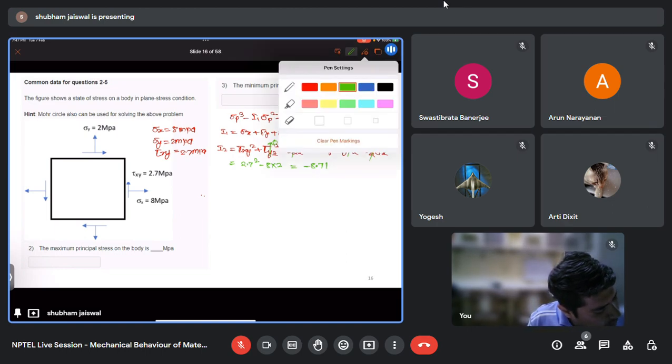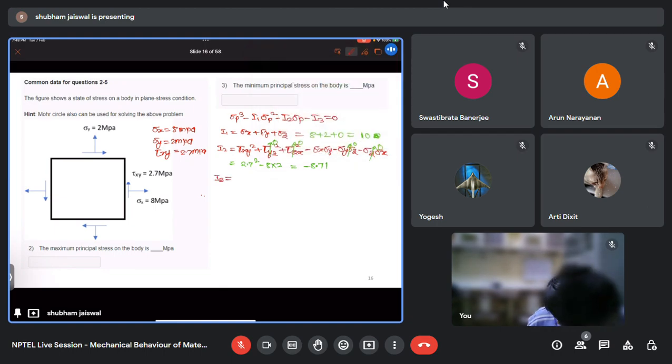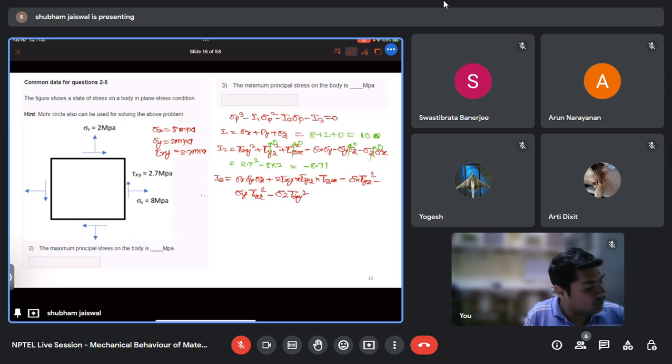And the third one is I3, that is sigma x sigma y sigma z plus 2 tau xy tau yz tau zx minus sigma x tau yz squared minus sigma y tau xz squared minus sigma z tau xy squared. As all the stresses in the z direction are 0, I3 becomes 0.